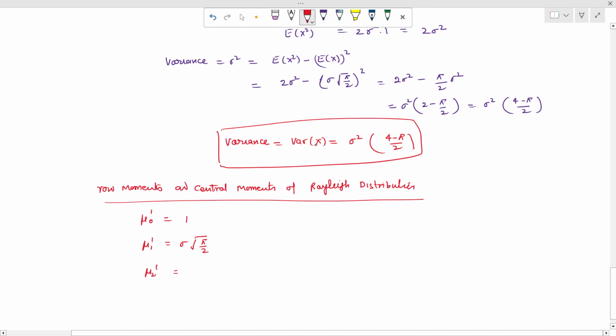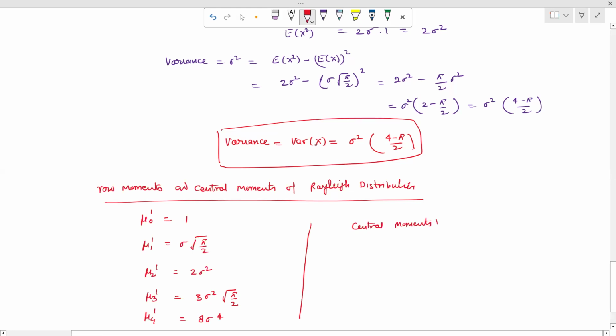Mu 2 dash is equal to 2 sigma square, and mu 3 dash is equal to 3 sigma square into root pi by 2, and generally we calculate the first four moments. So mu 4 dash is 8 sigma 4. These are the raw moments.